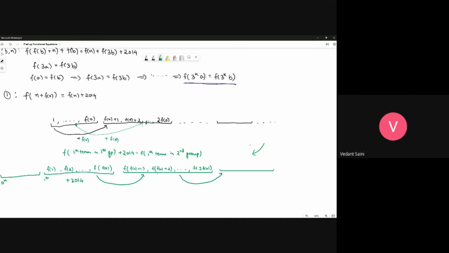Exactly. Making K large, if you take capital A to be 3 to the some large K times A and capital B to be 3 to the same large K times B, then A minus B is huge, can be arbitrarily large.